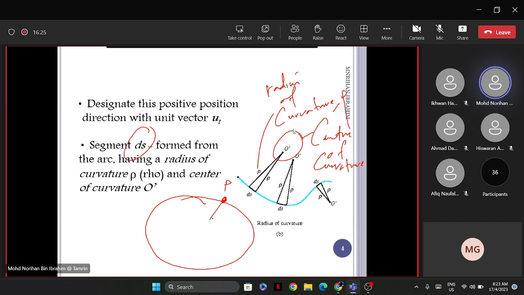So of course it has a radius R. R is the radius.